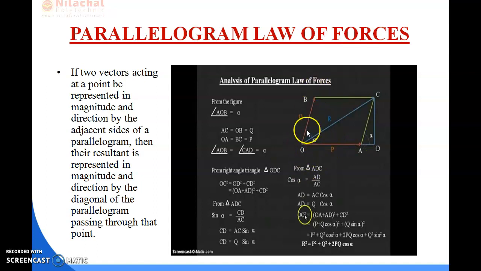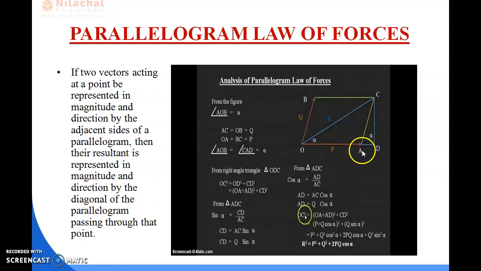This angle AOB is alpha. Here, AC is parallel to OB, the Q force, and BC is parallel to OA, the P force.